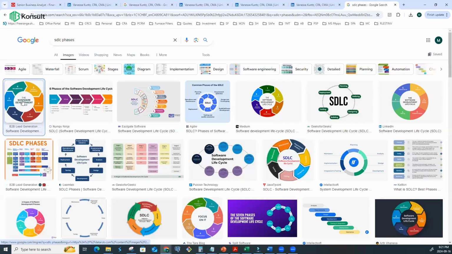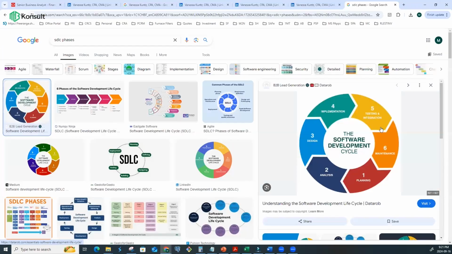I usually pick this one: planning, analysis, design, implementation, testing and integration, maintenance. People can use different terminologies for each of them, but what matters is that you understand the sequence. You did very well.